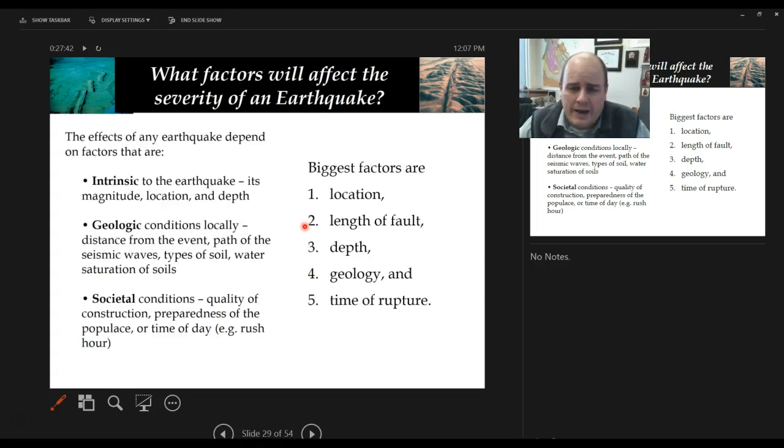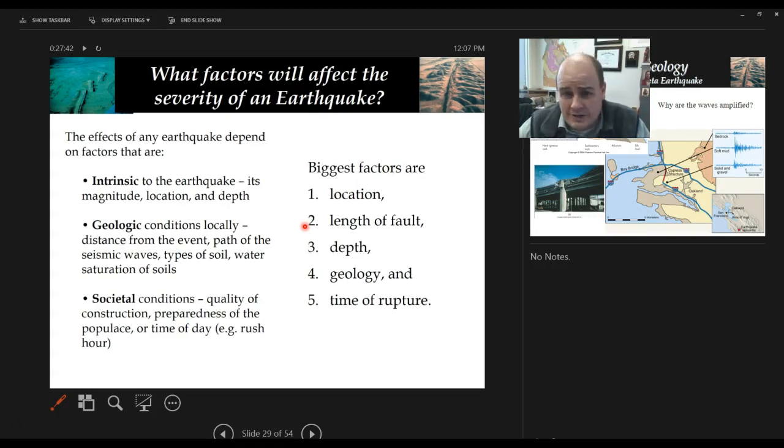Some of the biggest factors are its location, the length of the fault, how much of that fault actually ruptures, and how deep it is. If it's shallow, it tends to be stronger because, first of all, it's in the brittle part of the crust, but also because the seismic waves are closer to the surface, so they don't dissipate as much. The further down you go, you tend to get less strong earthquakes at the surface because the energy dissipates as it goes up, but also it's in places where you have more ductile material.